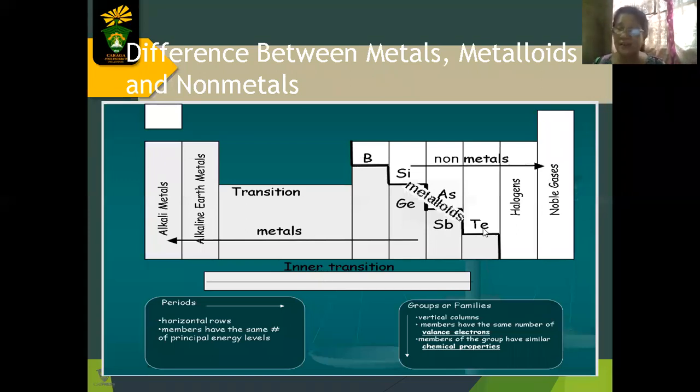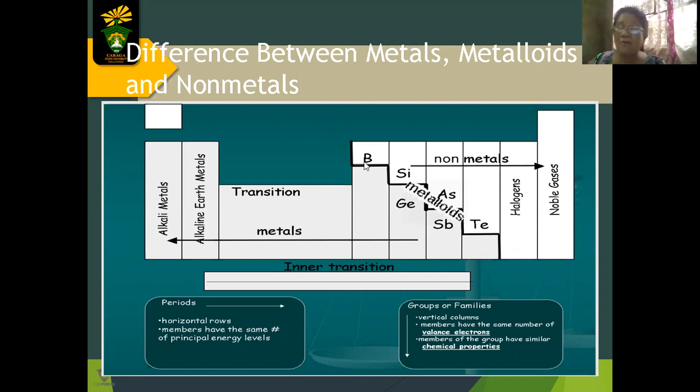This zigzag line here is the demarcation between the metals and the non-metals. So these that zigzag are known as the metalloids. Metalloids have characteristics of both a metal and a non-metal.